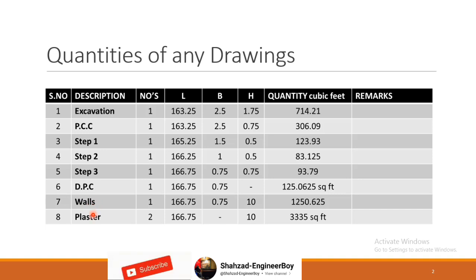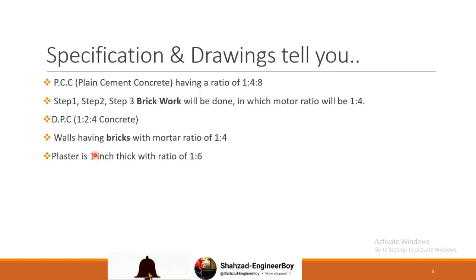Plaster, what is the ratio of the cement and sand? PCC, definitely it is concrete, plain cement concrete, what is the ratio? All this information will be available to you in the specification and drawings. Maybe something will be missing in drawings that you can find in specification, and vice versa. So the information is given.